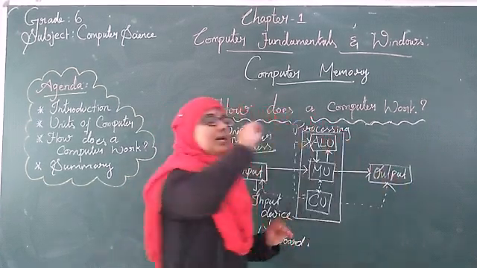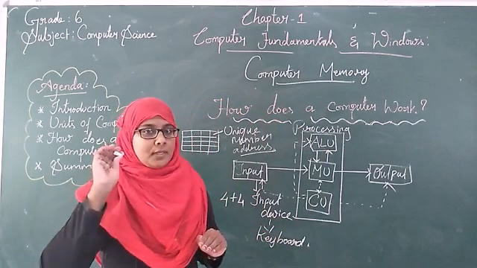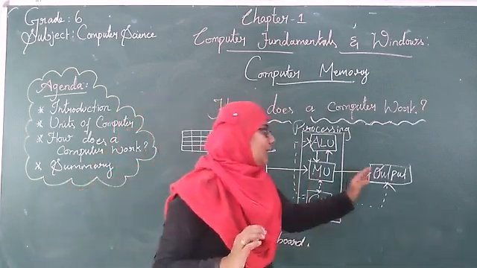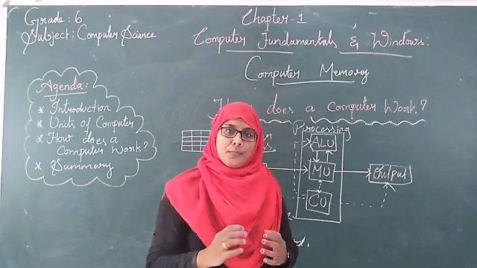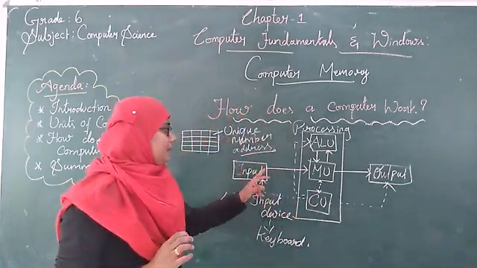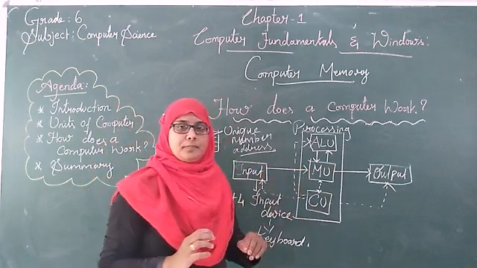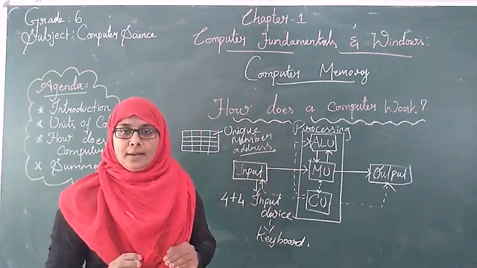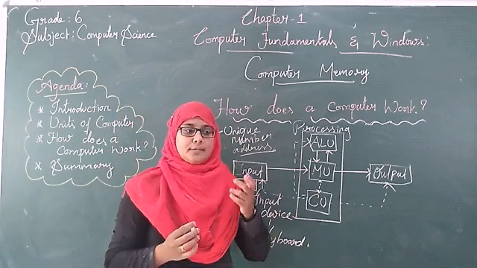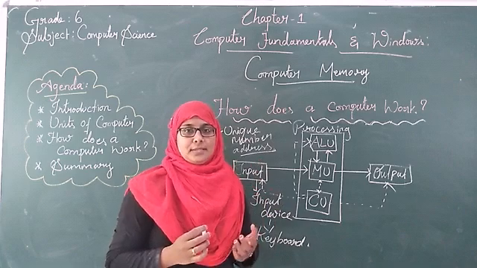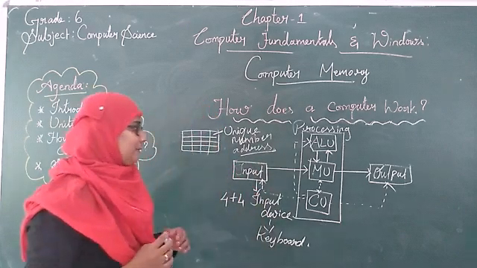Once it has received the instruction from the control unit, only then will it display the result on the monitor. Got it? Okay. The thickest line is called the data path. The dotted lines are meant for the control path. Got it? Okay.